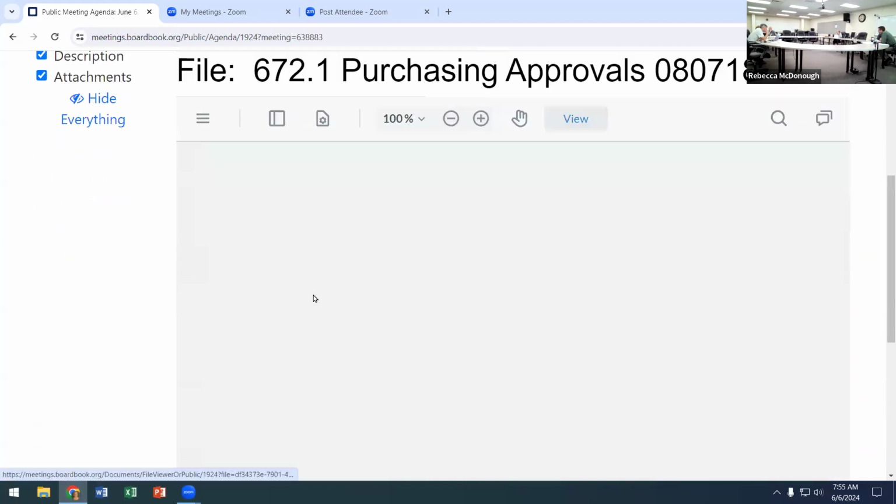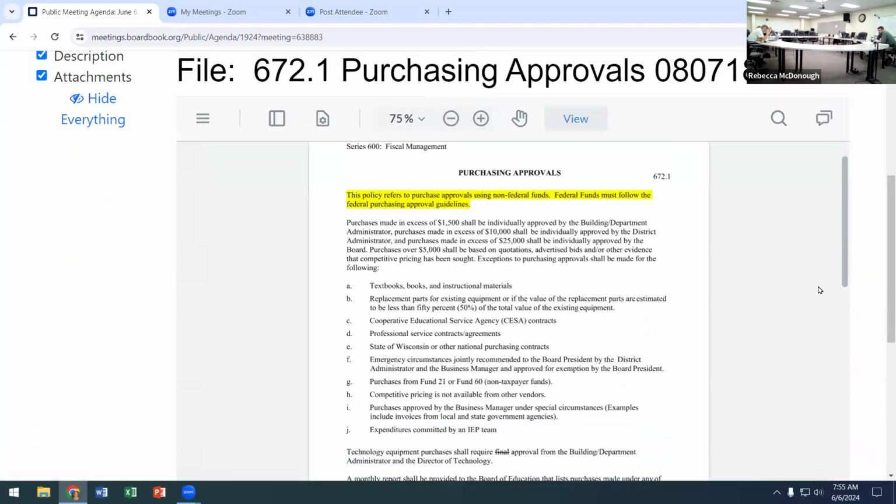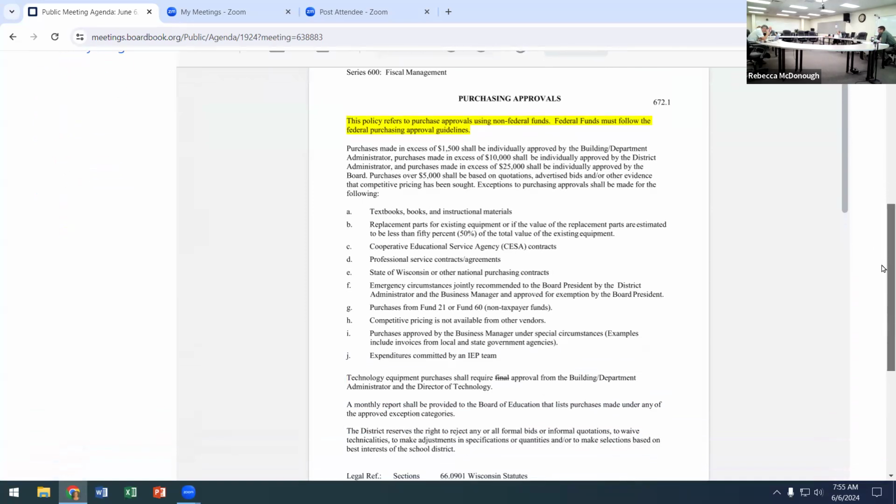But when you utilize federal dollars, there may be other purchasing guidelines that need to be followed. So instead of having two policies that delineated those two out, we added a sentence that says this policy refers to purchase approvals using non-federal funds. Federal funds must follow the federal purchasing approval guidelines.